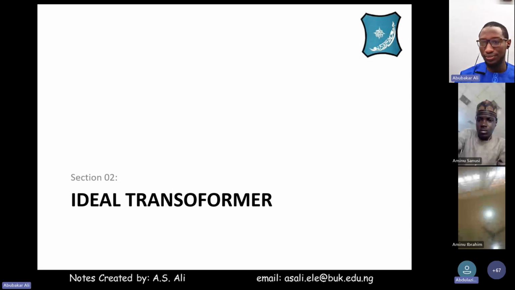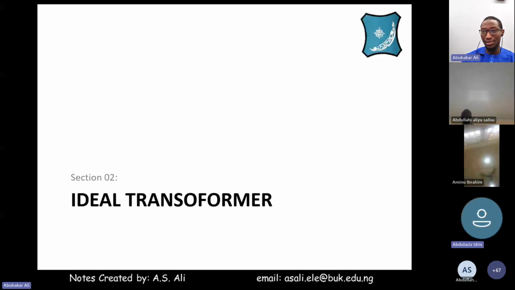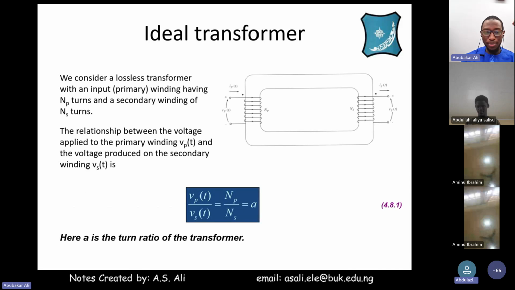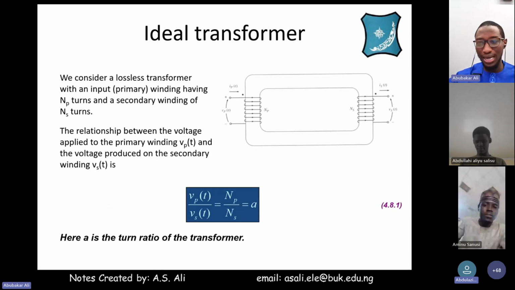Any other question? No question? All right. So let's go and look at ideal transformers. Whenever you hear anything ideal, that's something that, of course, we cannot achieve in life, but it's an easy way of assuming perfection.